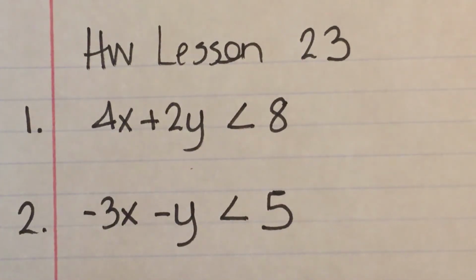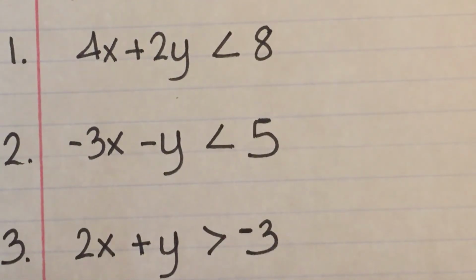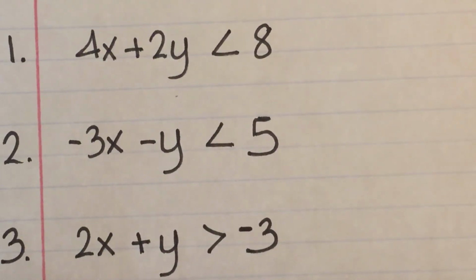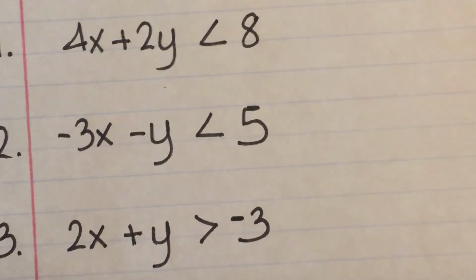Number 2: negative 3x minus y is less than 5. And number 3: 2x plus y is greater than negative 3. And notice none of those have your equal to bar underneath it. So they're all going to be that dashed line.